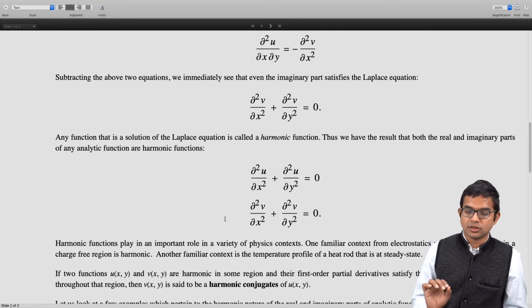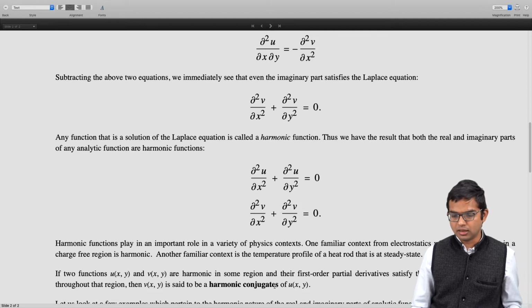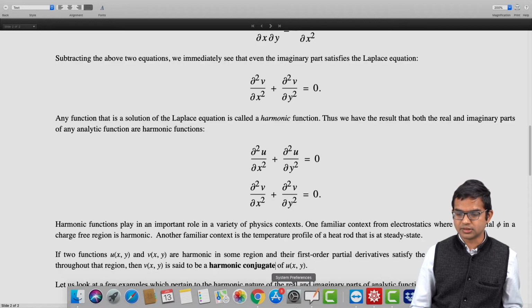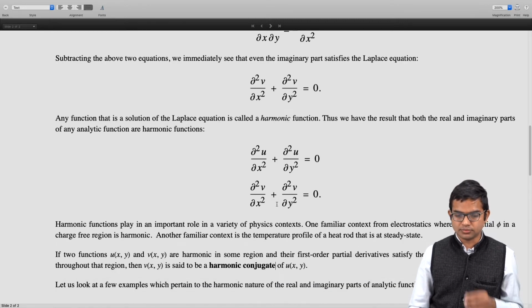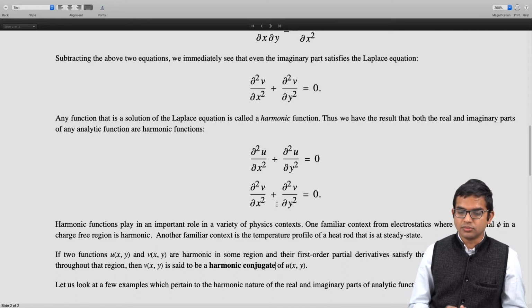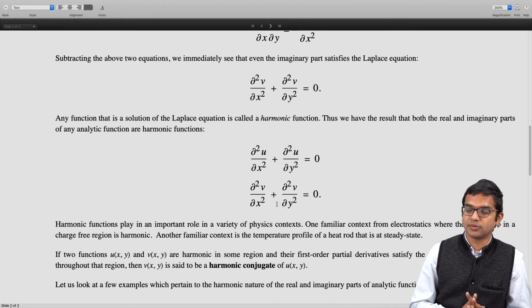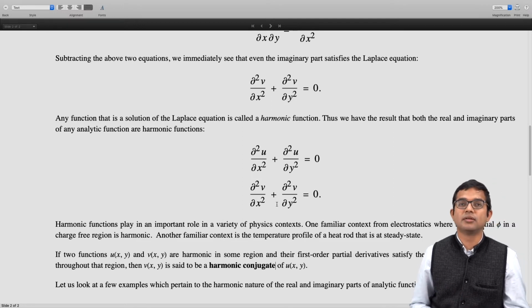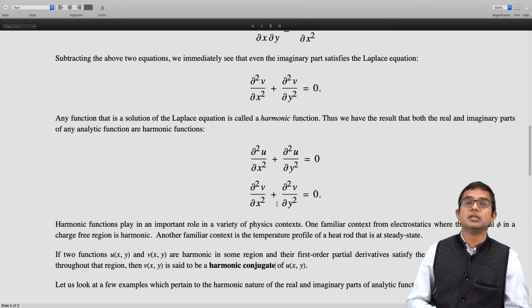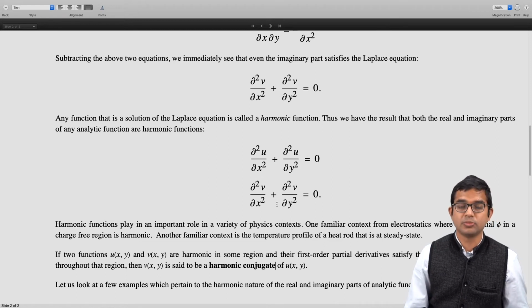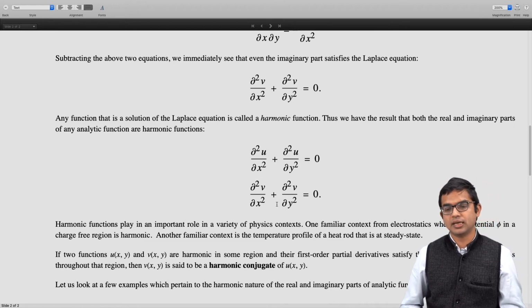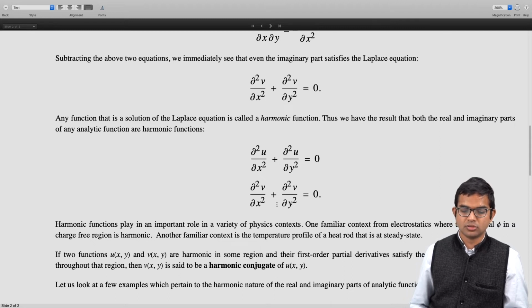So there's one more definition which we want to give here. If you have two functions which are harmonic in some region, and in addition to this, their first order partial derivatives satisfy the Cauchy-Riemann conditions throughout that region, in other words, if you got your u and v from an analytic function, then you say that v of x, y is said to be a harmonic conjugate of u of x, y.